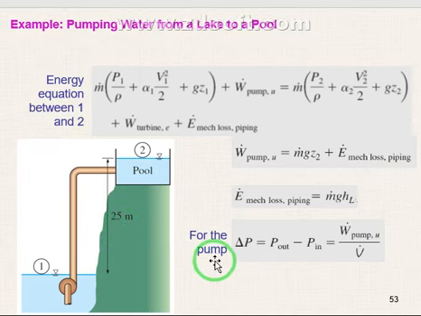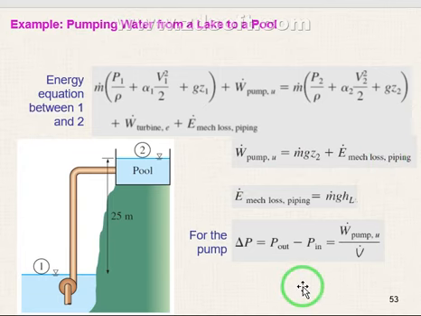After analyzing everything, atmospheric pressure is almost the same, P1 equals P2. Also velocity won't be included because V1 and V2 are the same. So after that, we will see that this is the equation: W pump equals m g z2 plus E mechanical loss. That's it.